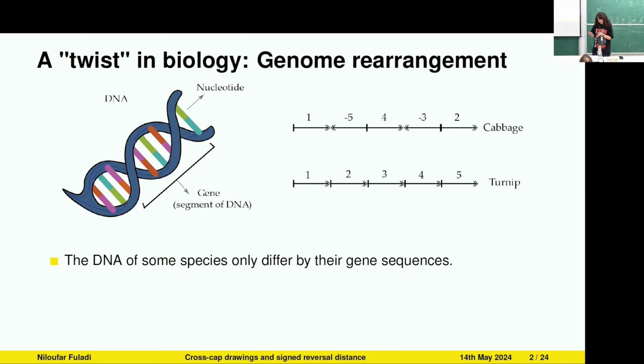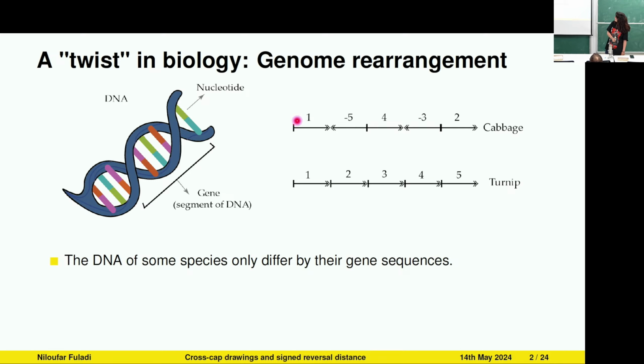They were studying the genomics of some species, and they found out that for some of them the difference is not related to the type of the genes, but just the order of the genes, like the sequence of the genes.